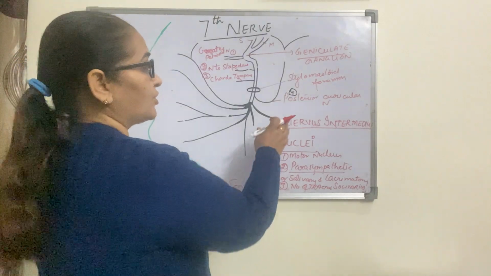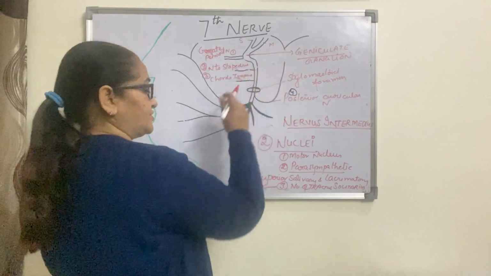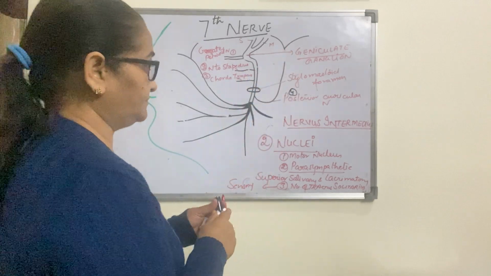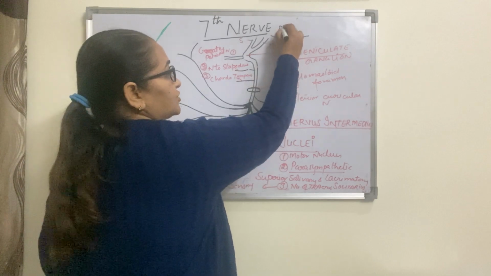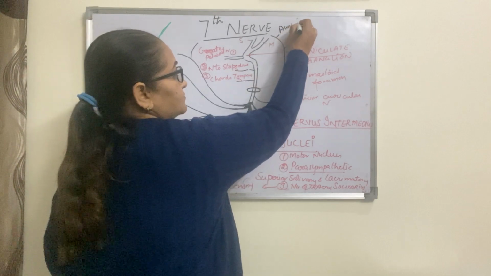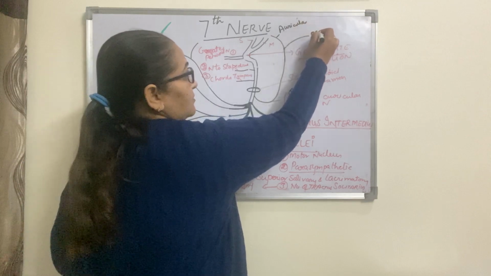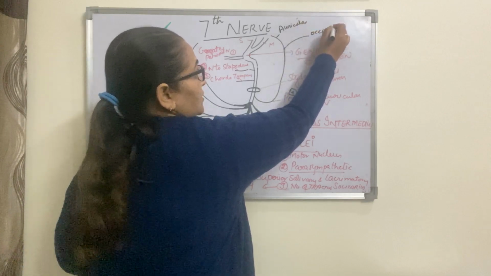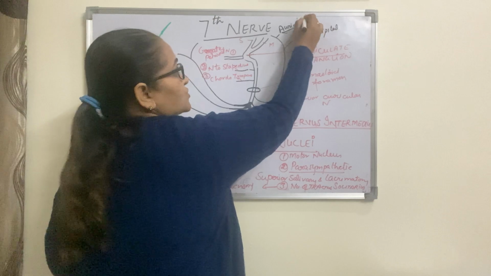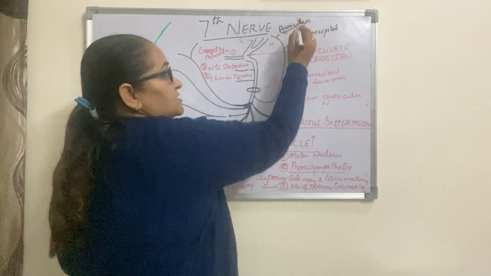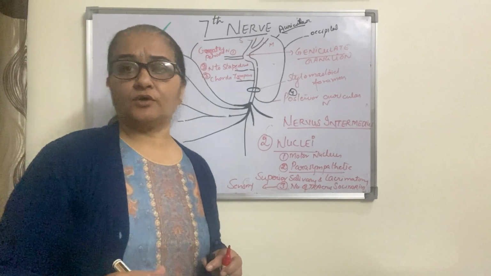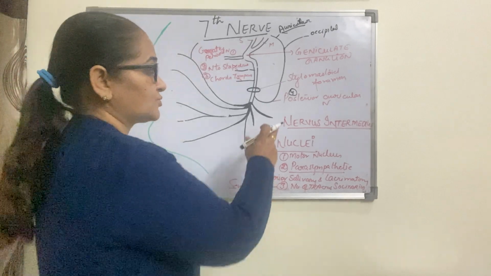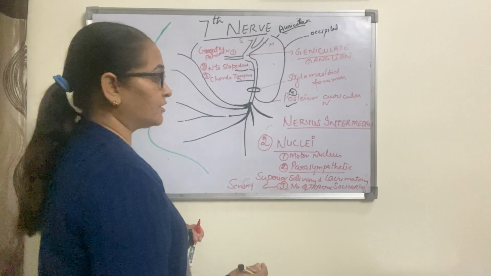This posterior auricular nerve divides into two divisions: the auricular branch and the occipital branch. The auricular branch supplies the auricular muscles, and the occipital branch supplies the occipital belly of the occipitofrontalis muscle. So this is regarding the posterior auricular nerve.